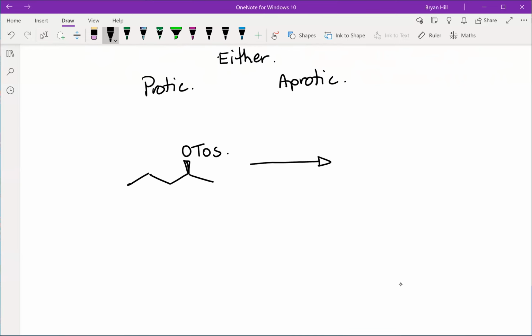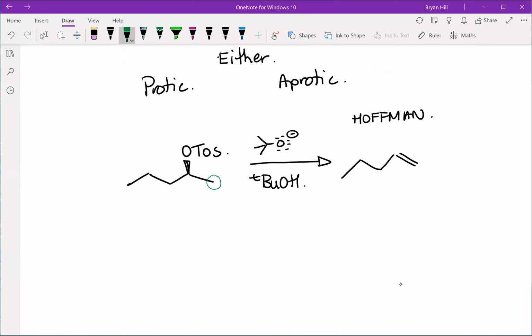We've got really two choices. If we use a large bulky base like tert-butoxide, this is going to give us our Hofmann product, where we'll be removing a proton at the least encumbered spot.